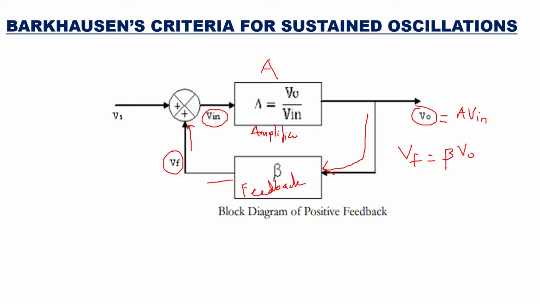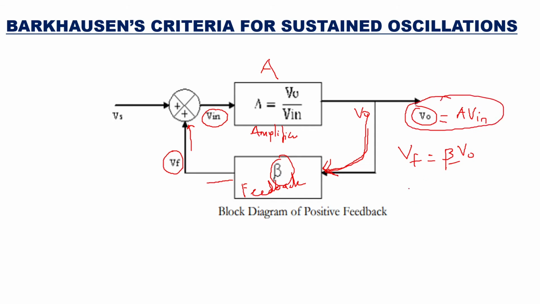So it is the gain of the feedback. Gain of the feedback most of the time will produce loss. So that is multiplied by whatever output you take from the amplifier. So that multiplied by this factor will be the feedback voltage VF. VF will be equal to beta into V out. Now you substitute V out from here.